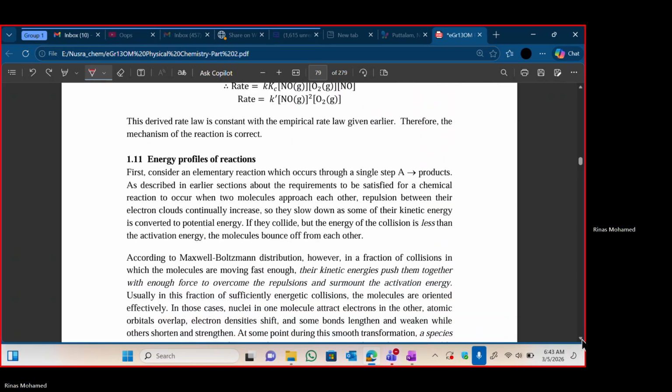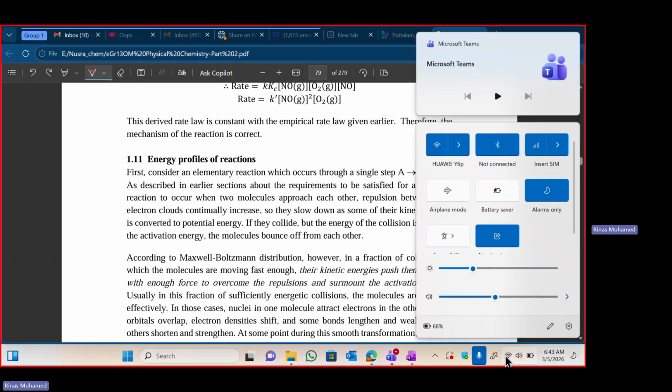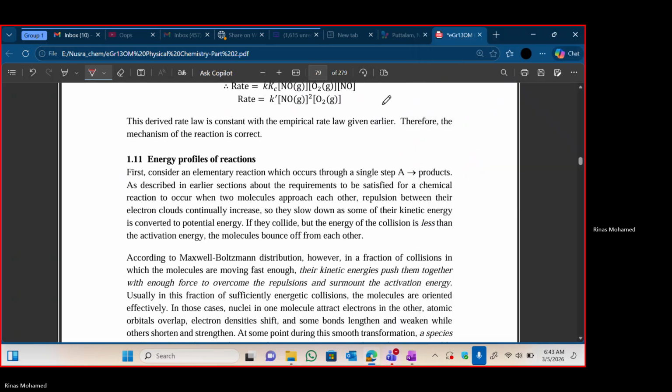Now, today we are going to discuss energy profiles, right? Energy diagrams.